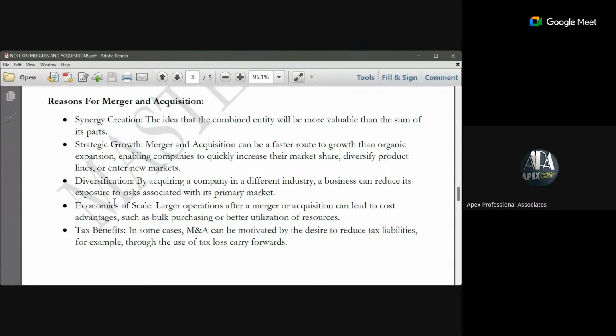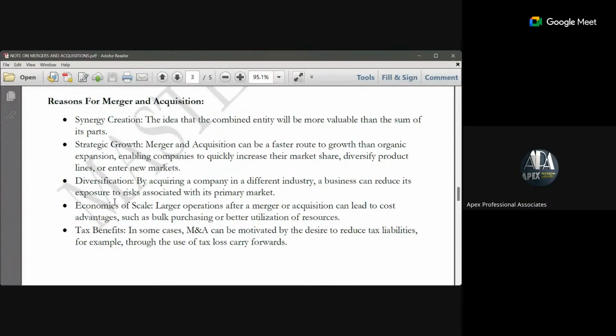Then we also have tax benefit. In some cases, mergers and acquisition can be motivated by the desire to reduce tax liability, for instance, through the use of tax loss carry forward. Another reason why companies could consider mergers and acquisition is, when they look at one business that has a loss that they are carrying forward, but they have not fully utilized it.